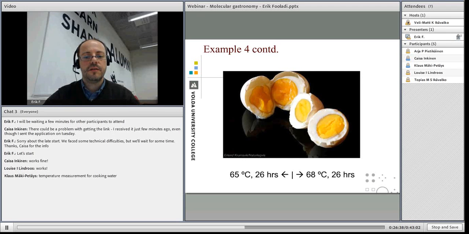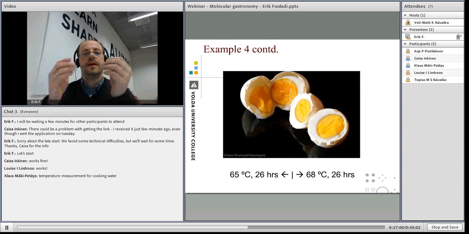And what happened was that at 68 degrees, it all became solid, but at 65 degrees, and it's not easy to see on the left-hand side, but the soft one on the right-hand side in the middle. What I saw was that the yolk was more or less solid, and the white was still partially liquid.